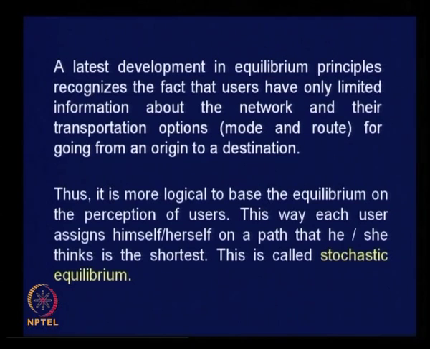This way each user assigns himself or herself on a path that he or she thinks is the shortest. This is called stochastic equilibrium, right. It is a stochastic process, quite random, based on the perception of individuals with regard to travel time.